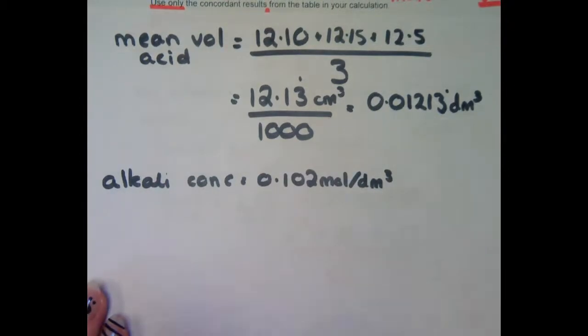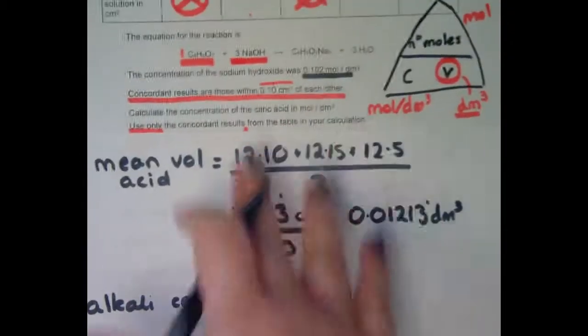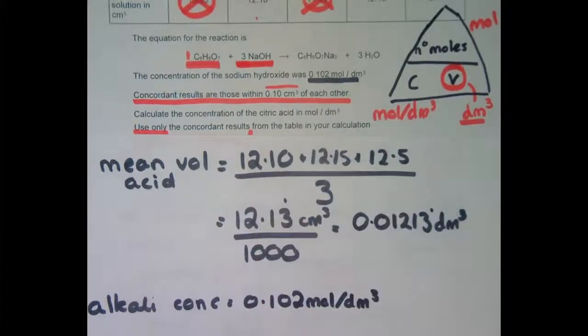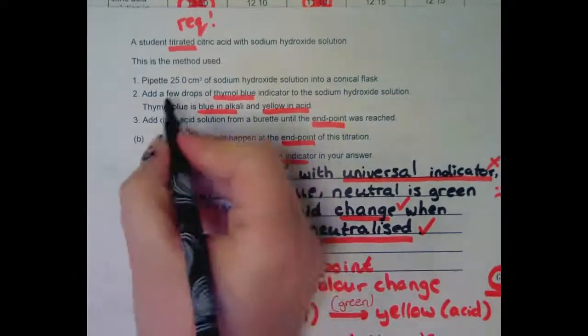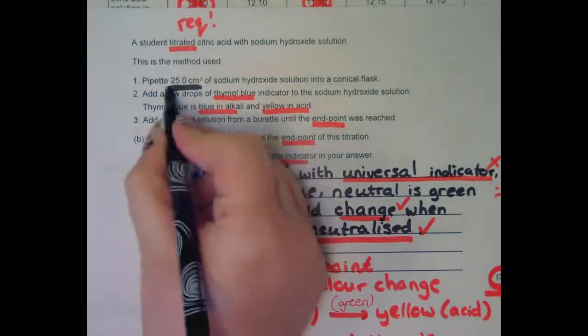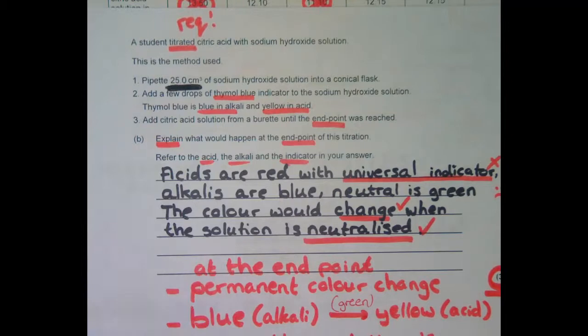What other facts do I know from the question? Well, from this part of the question, it doesn't state a volume. However, if we have a look back to the second part of the question, it did tell us how much of the sodium hydroxide was added.